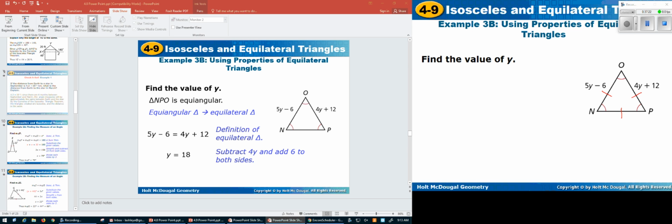Because we know all three are the same. We just need two to set equal to each other. So 5y minus 6 has to be the same as 4y plus 12. And then from there, we're going to solve. So what do you want to do? Add 6. So 5y equals 4y plus 18. And then what? Subtract the 4y. And 5y minus 4y is just y. So y is equal to 18. And that's all they asked us to find.